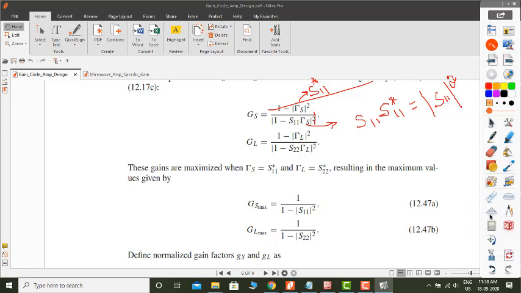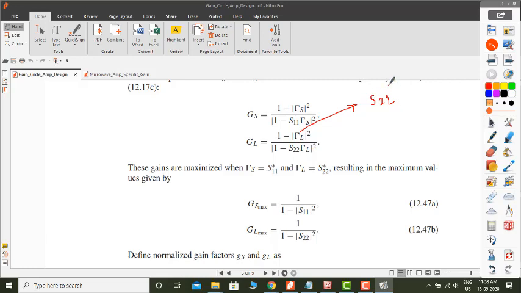Similarly, when you substitute gamma L as S22 star, it becomes modulus S22 star square. It will be modulus square, because we take only the amplitude, and the amplitude of a complex number and its complex conjugate are the same. In the denominator, S22 and its conjugate S22 star give modulus of S22 square.